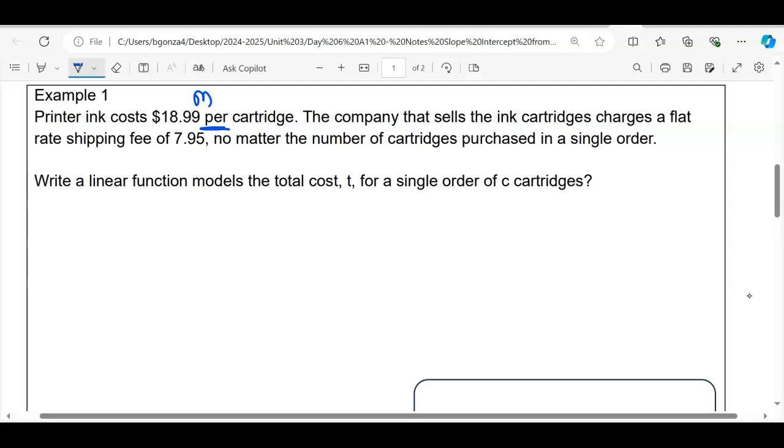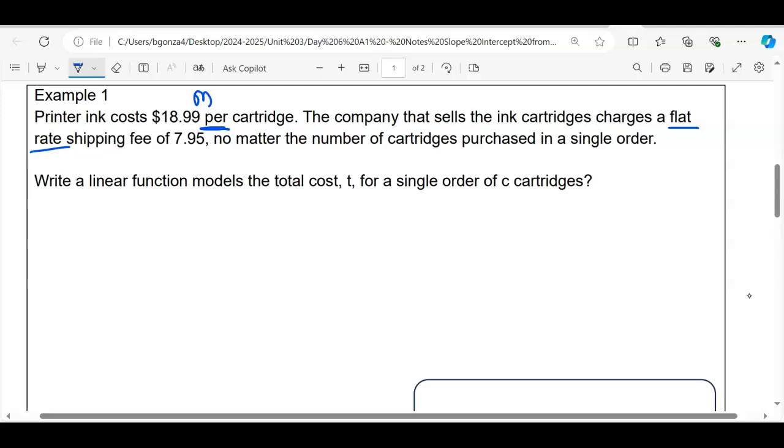All right. Keep reading. The company that sells the ink cartridges charges a flat rate. Now, do y'all know what a flat rate is? Sometimes you'll get this when you ship things. Shipping at a flat rate. It doesn't depend on the weight. It doesn't depend on the location.